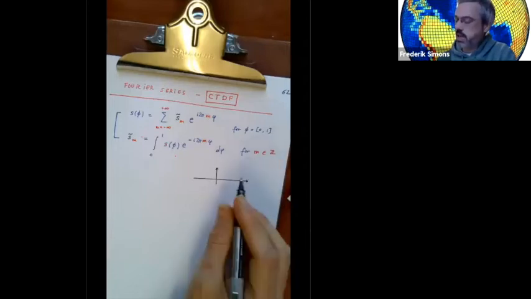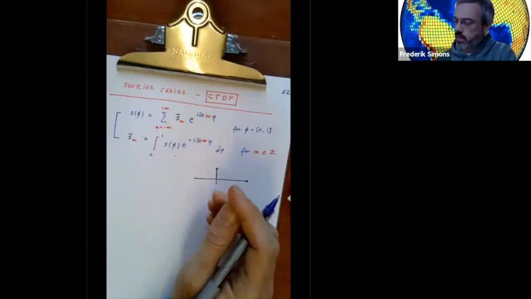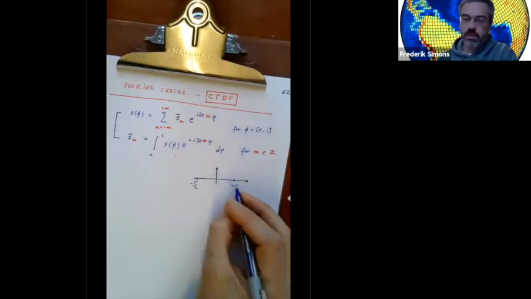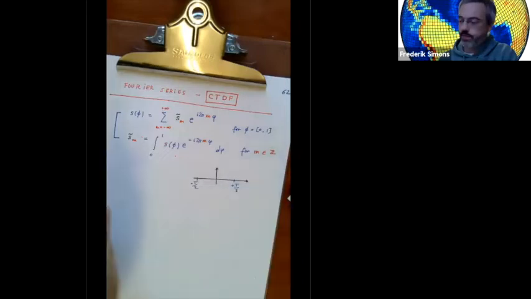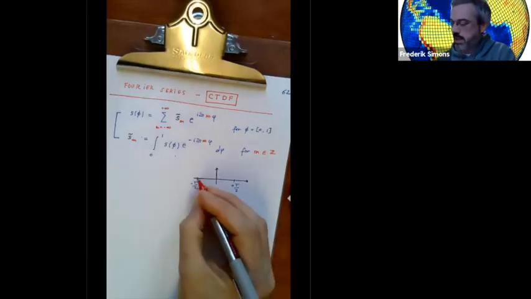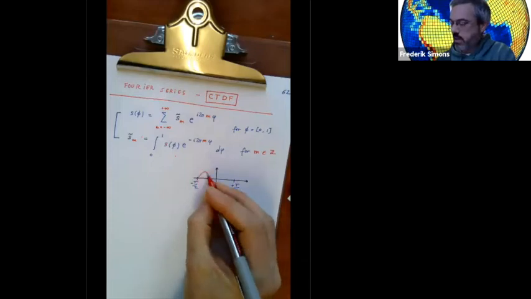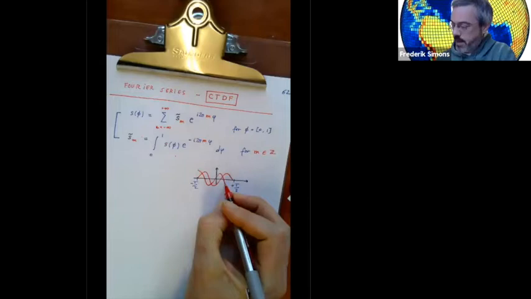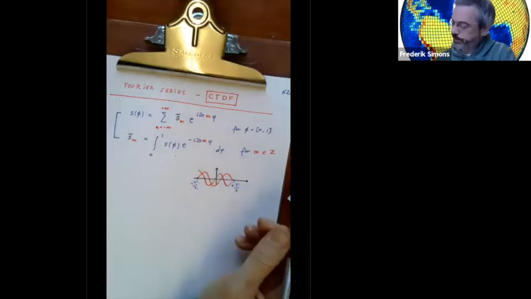So now I'll draw an interval that goes from negative half T to positive half T, and I'm thinking of a cosine and a sine that fits in here with a particular frequency. I'm not drawing so well today.